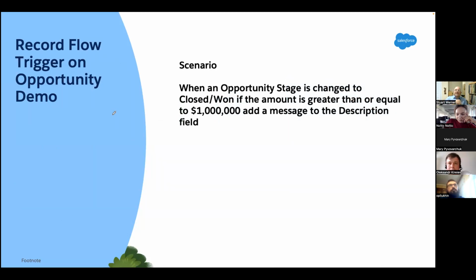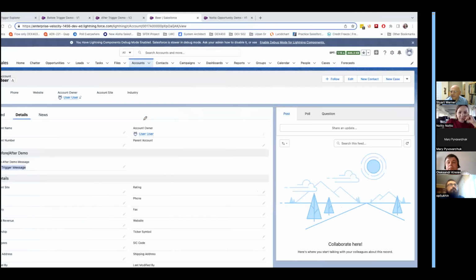So let's say when an opportunity stage is changed to closed one, we want to check if the amount is greater than or equal to $1 million, add a message to the description field. Right? So that's our use case. And let me show you what this looks like.